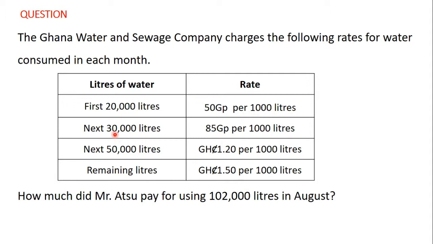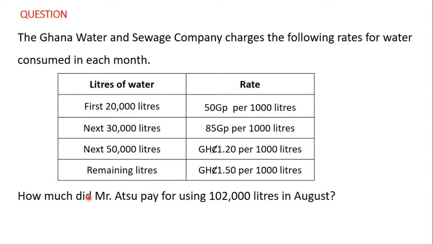For the next 3,000 liters, the rate is 85 Ghana pesos per 1,000 liters. For the next 50,000 liters, the rate is 1 Ghana cedi 20 pesos per 1,000 liters. And for the remaining liters after that, the rate is 1 Ghana cedi 50 pesos per 1,000 liters.